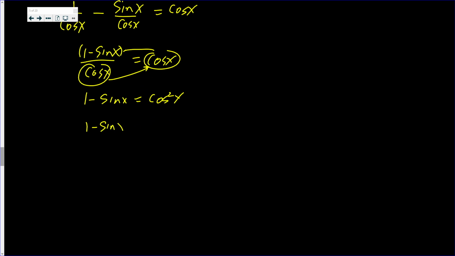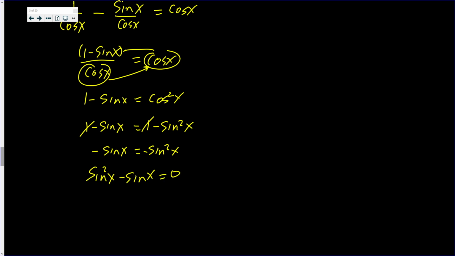But the right-hand side I can write using sine x's. It's 1 minus sine squared x. In fact, I'll take away the 1's from both sides. So I have minus sine x is equal to negative sine squared x. I'll bring the sine squared x to the other side, and the right side is 0. Factoring, I get sine x times sine x minus 1 is 0.